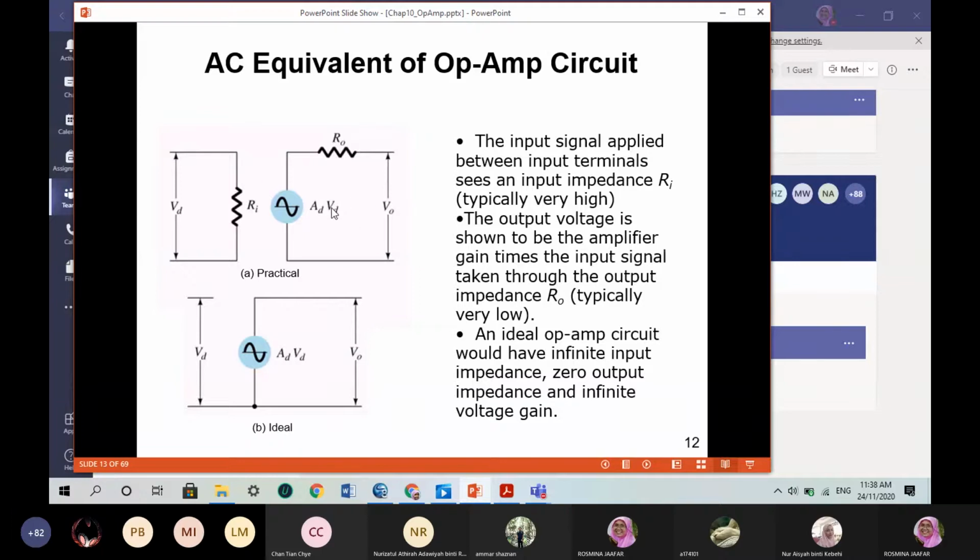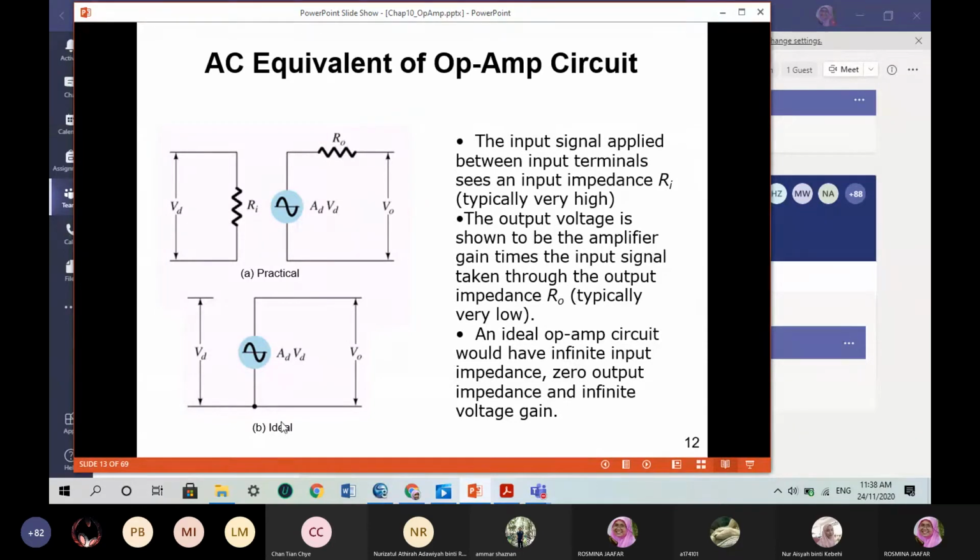At the output side you will have the differential gain AD times Vd, and you have RO, and you measure the output voltage Vo across this. So from this figure, practically you have this arrangement of input and output of the circuit.